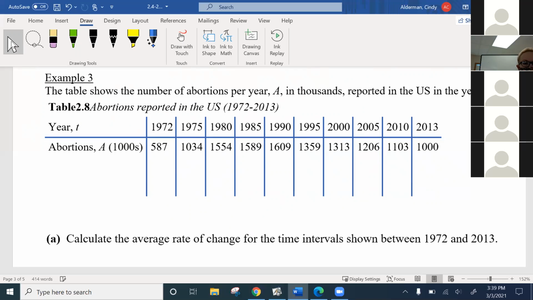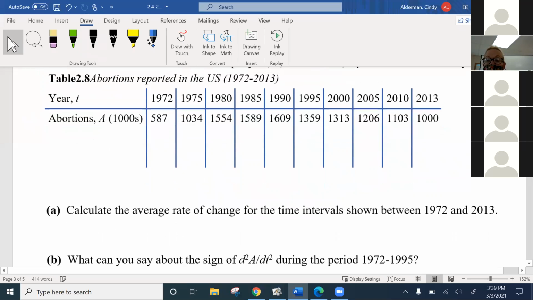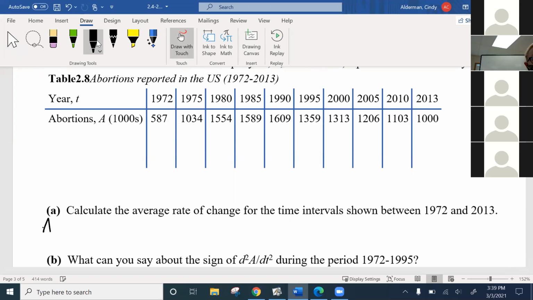So the first question here is to calculate the average rate of change for the time interval shown between 1972 and 2013. Well, the average rate of change, if you guys remember from the last lesson, is that little triangle symbol, going to equal the change in A, for abortions, over the change in time.